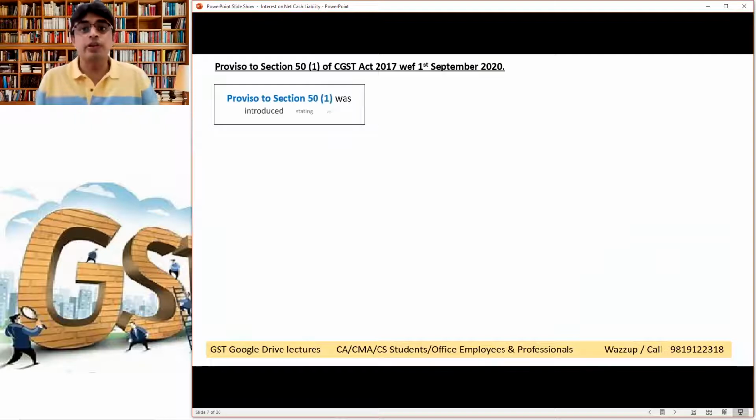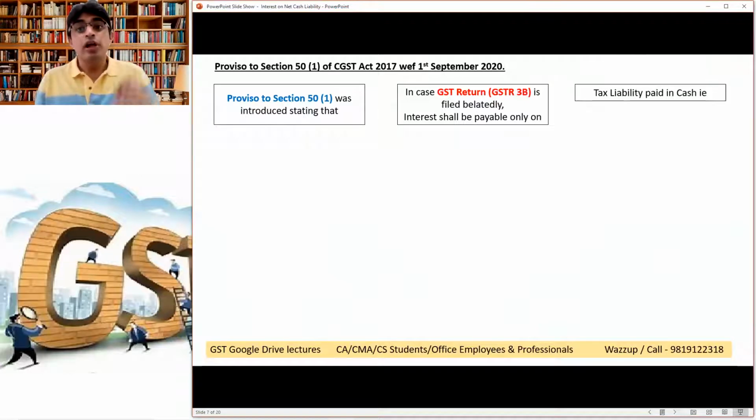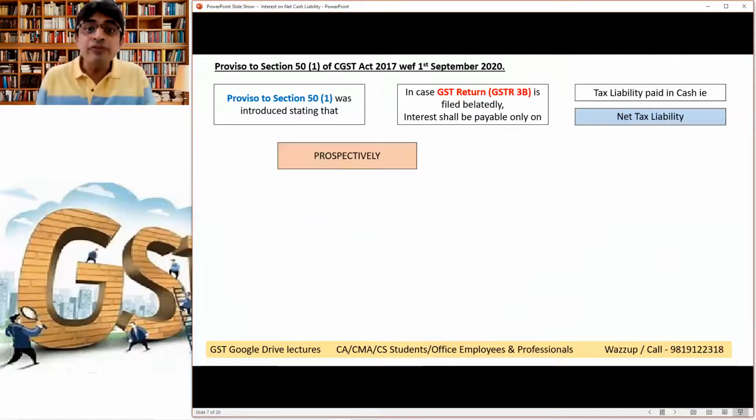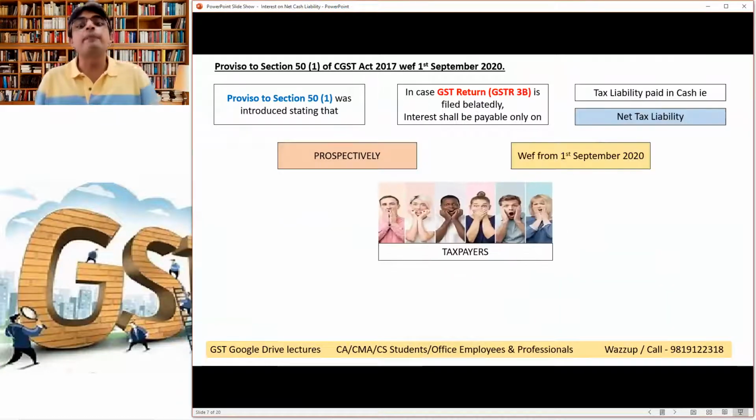Listen, this provision was introduced stating that if you file GSTR 3B late, interest shall be payable on net cash liability. Agreed. But how? The effect will be prospective, not from 1st July 17. Not retrospective. The effect will be prospectively from 1st of September 2020. So the proposal of the 31st GST Council meeting didn't come out as proposed.